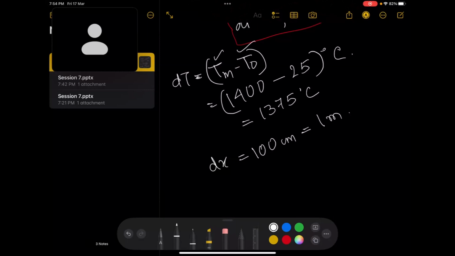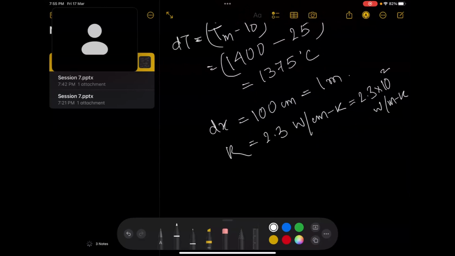Now, the conductivity of silicon was given as 2.3 watt per centimeter Kelvin. If you convert this to meter Kelvin, this becomes 2.3 into 10 to the power 2 watt per meter Kelvin.